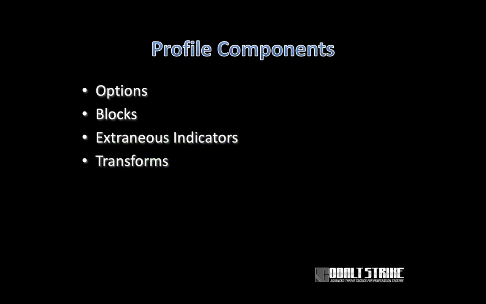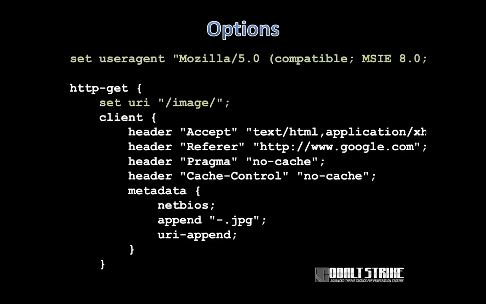Think of Malleable C2 as a mini programming language. And these malleable profiles have 4 components: options, blocks, extra indicators, and transforms. An option is the set keyword followed by a key.